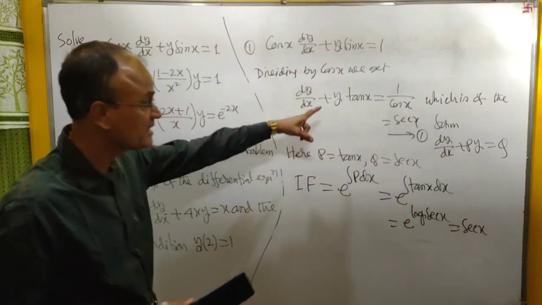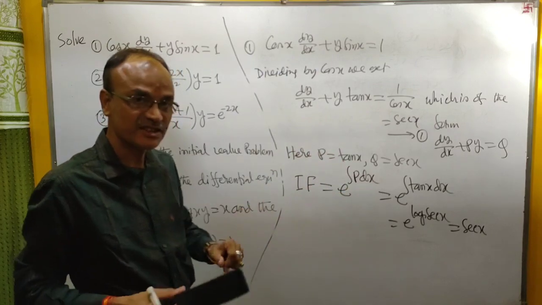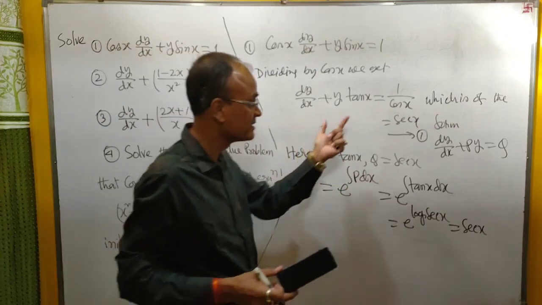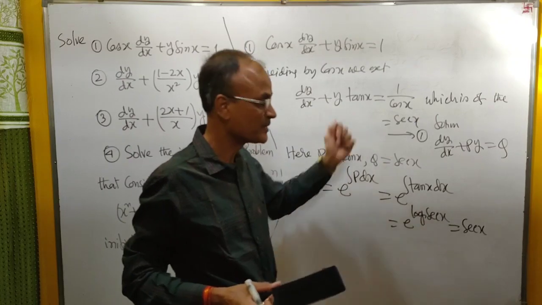Now multiply the equation number 1 by sec x. Then the left hand side will become a perfect differential.